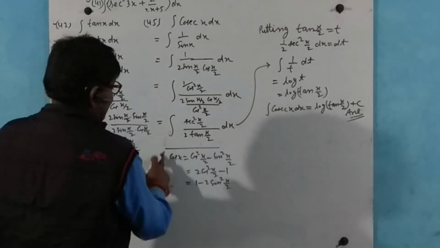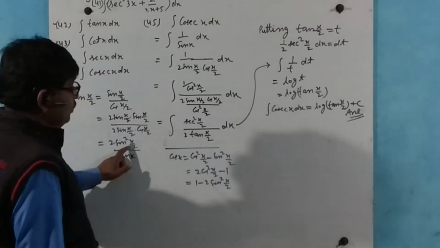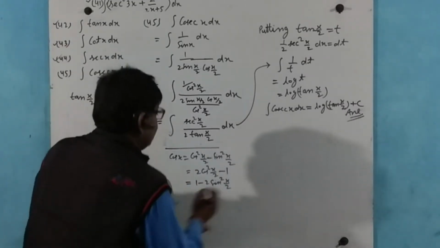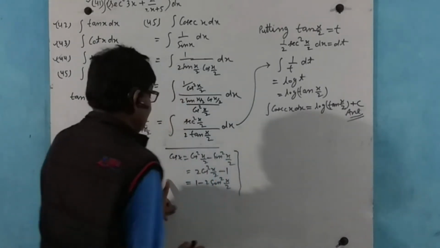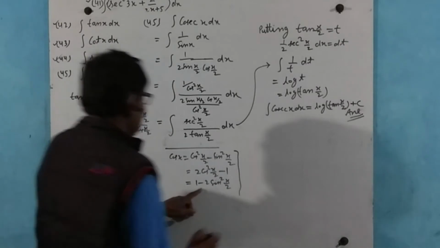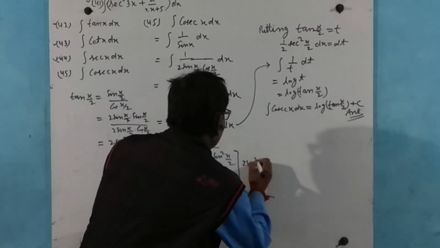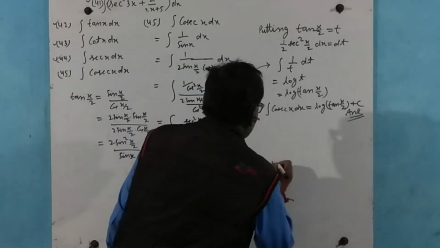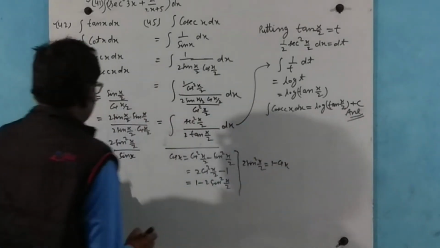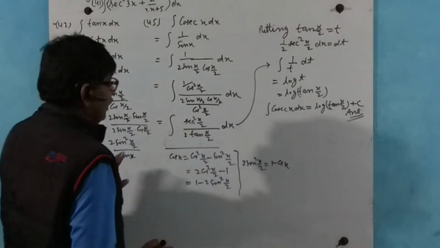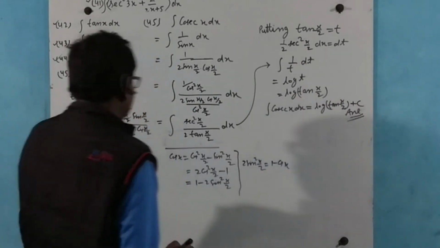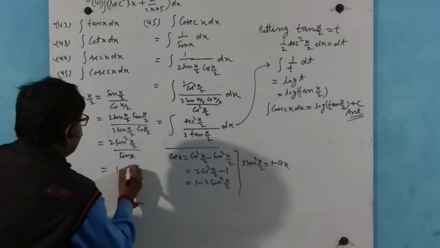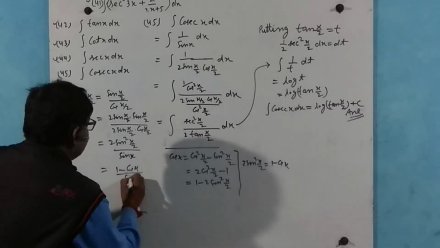With the help of this, 2 sin square x by 2 equals 1 minus cos x, divided by sin x, so tan x by 2 converts to 1 minus cos x divided by sin x.